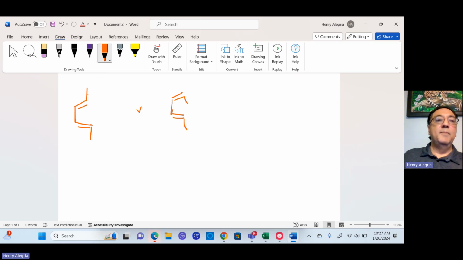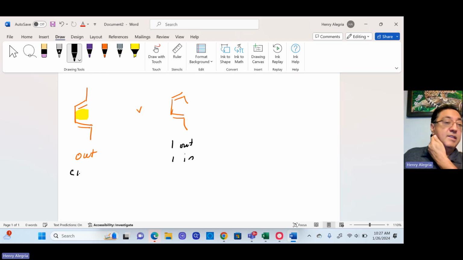We can say both of these are out. If we think of this as an inner cavity, then those two alkyl groups are out, but here one is out, one is in. So they're different. What happens is that almost always, if both are out, these have to end up being cis in the final product, and these have to end up trans to each other.